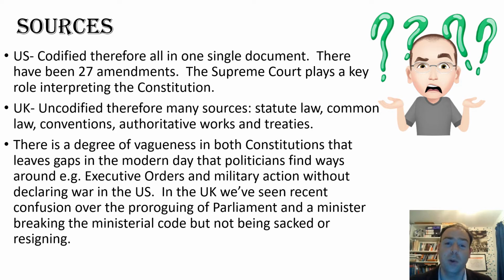Added on top of that, you're probably going to want to look at the Supreme Court, in particular key judgments that it has made in relation to the balance of power between state and federal government, between the different branches of government, things about the rights of people in America. And so the Supreme Court plays a really important role interpreting the Constitution, often referred to as the guardian of the Constitution.